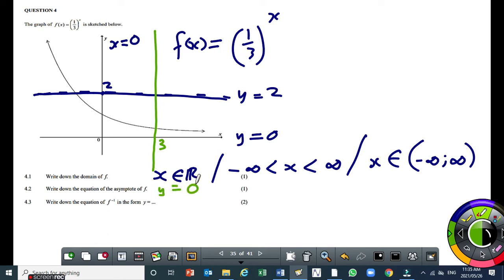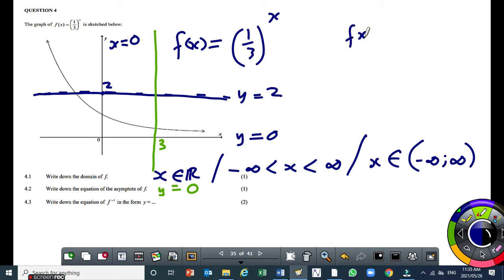It's very easy. Then write down the equation of the inverse. Now here you don't have to do a workout, you can just write the answer. But I would encourage you to go through the procedure so that you don't make a mistake.